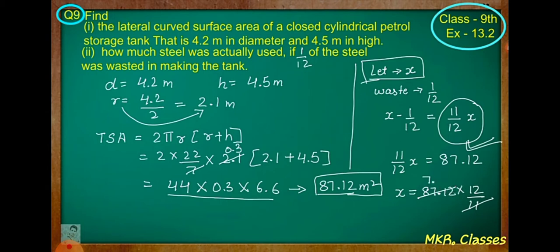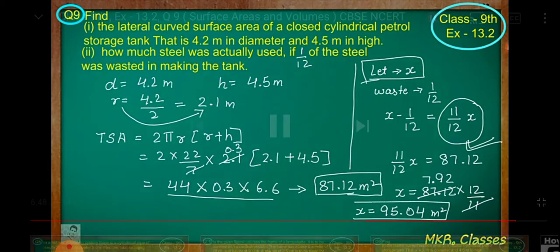11 sevens are 77, and then point, it becomes 111. So 9 times we can cancel out. So x is coming 7.92 into 12. When we multiply both the numbers, 7.92 into 12, it will come 95.04 meter square.